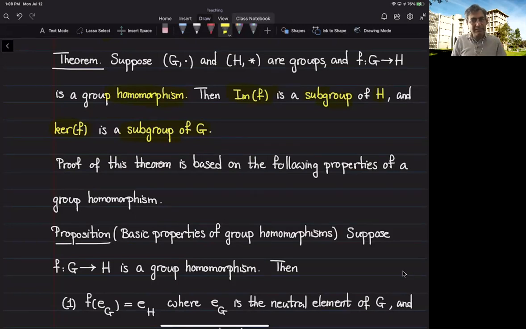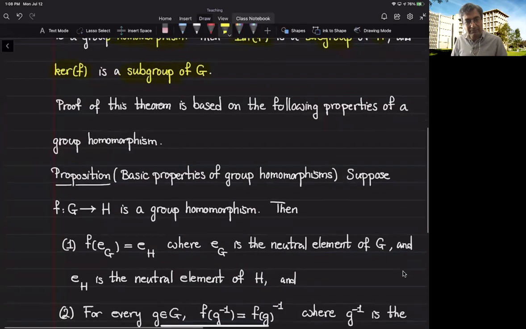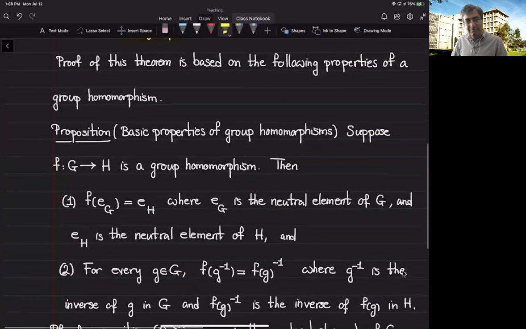That's the content of the next proposition, which says that a group homomorphism, the way that we define it, indeed preserves the other properties as well. It does send the neutral element of the domain to the neutral element of the codomain, and it does send the inverse of an element g of the domain to the inverse of f of g.